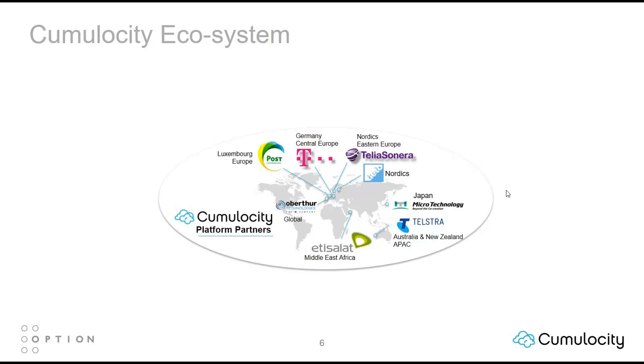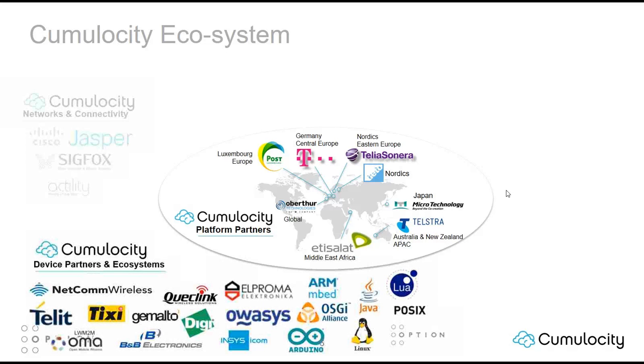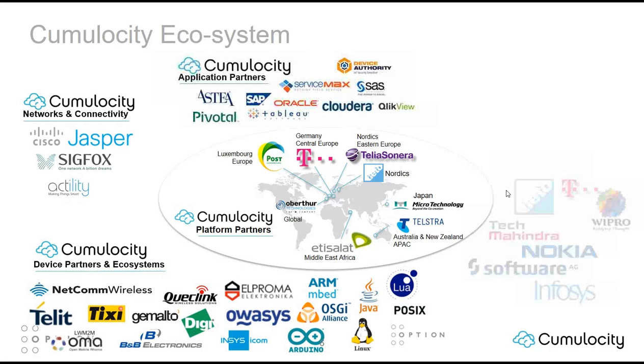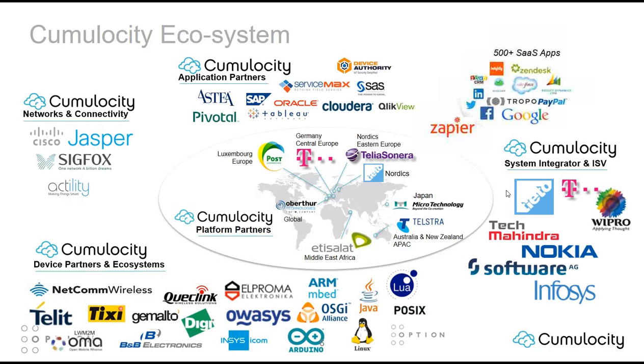Our IoT platform is white-labeled by many partners around the world. We have devices from many manufacturers pre-integrated and open source agents for the most common device platforms. Our breadth of network, application, systems integrator, and independent software vendor partnerships helps us solve the customer's common problem, enterprise digitalization.